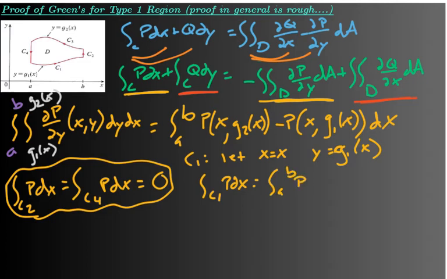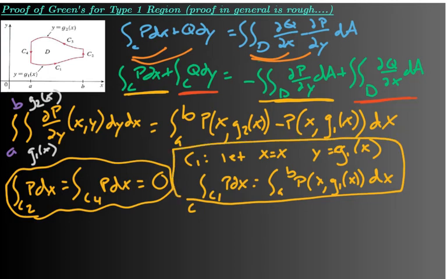And then I'm going to have P of x comma g1 of x, and I still get a dx, right? All right, that one's not too bad. And then, so let's actually kind of block some of these off. So then for curve 2, I'm going to do the same thing, let x equal x, and then y equals now g2 of x, right? Then line integral of curve, it's curve 3.